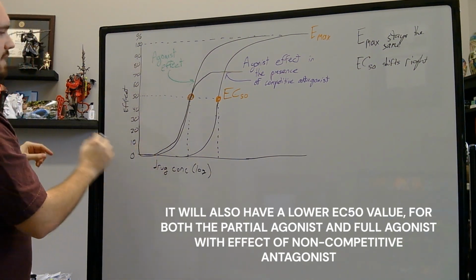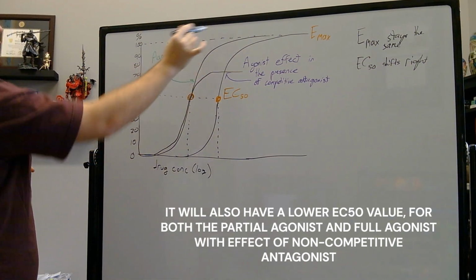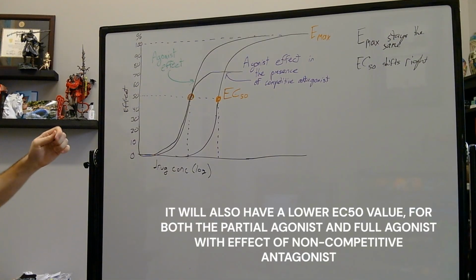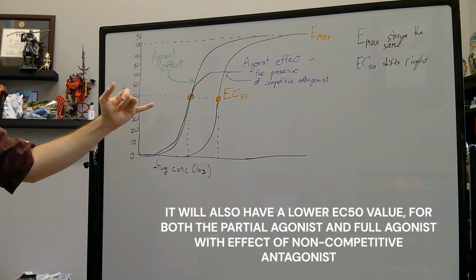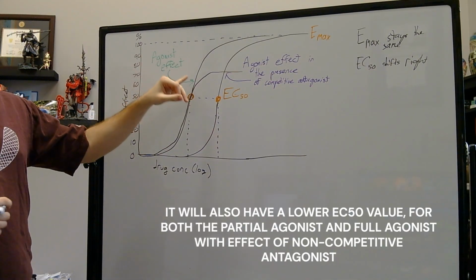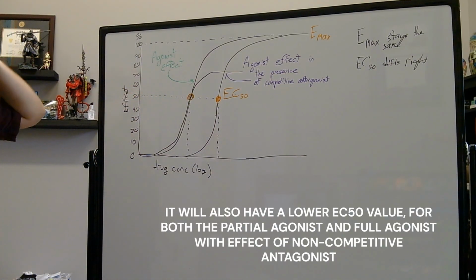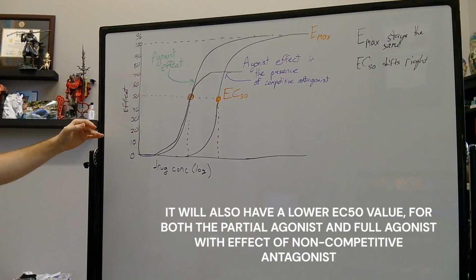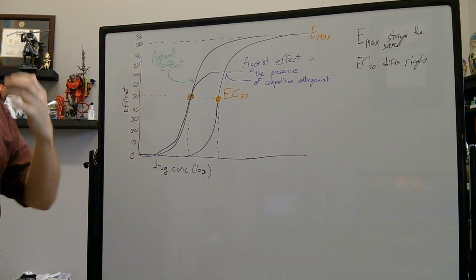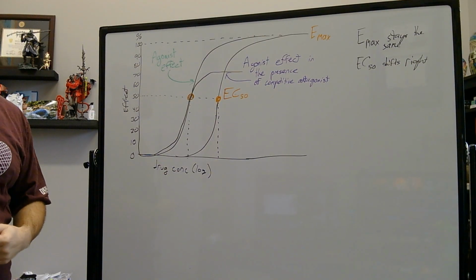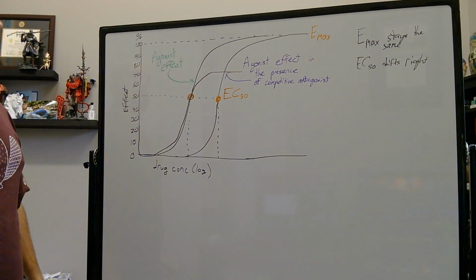It's going up, it's having effect, but it doesn't have quite as good an effect as Emax. Graphically, non-competitive antagonists look almost identical to this. But a non-competitive antagonist is just taking receptors out that a full agonist would bind to.